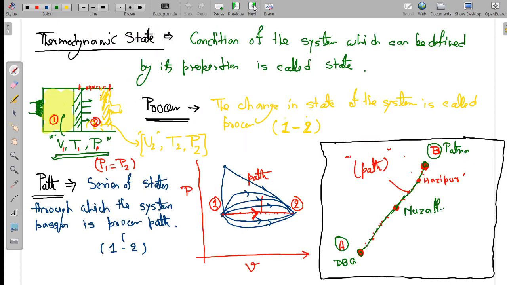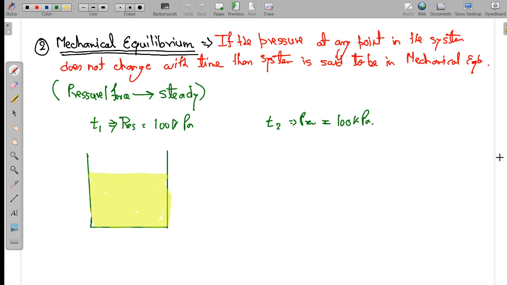So if I want to calculate pressure at any point, let us take this point 1, this point 2, and this is point 3. Let's consider that the water column above point 1 has height h1. Similarly, the water column height above point 2 is h2, and above point 3 is h3.